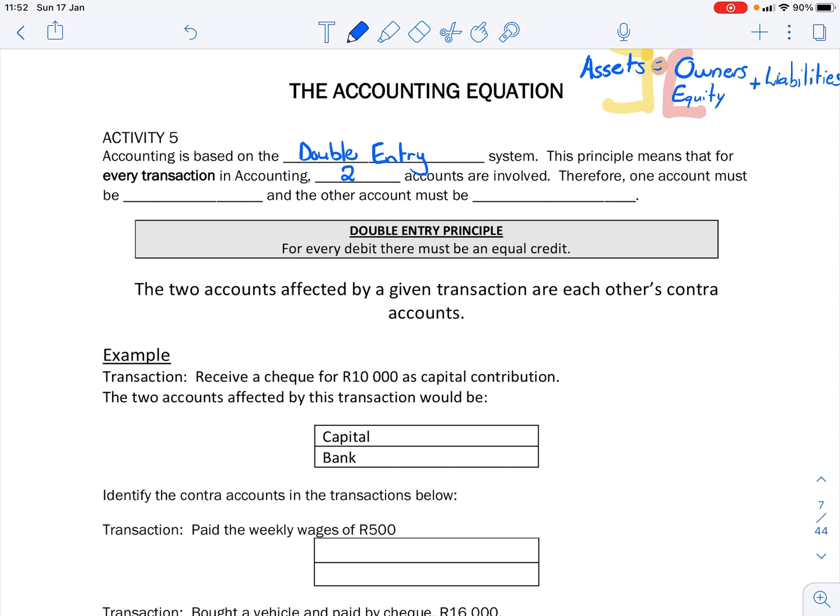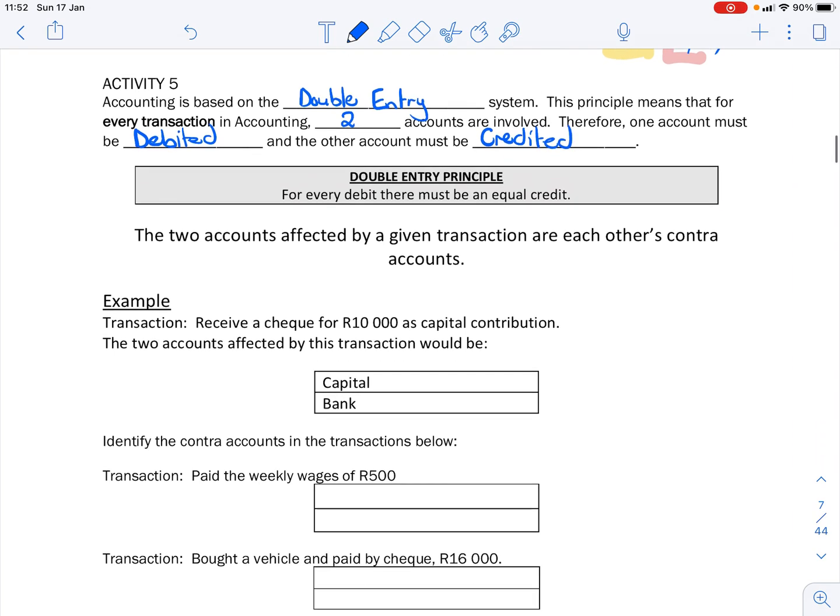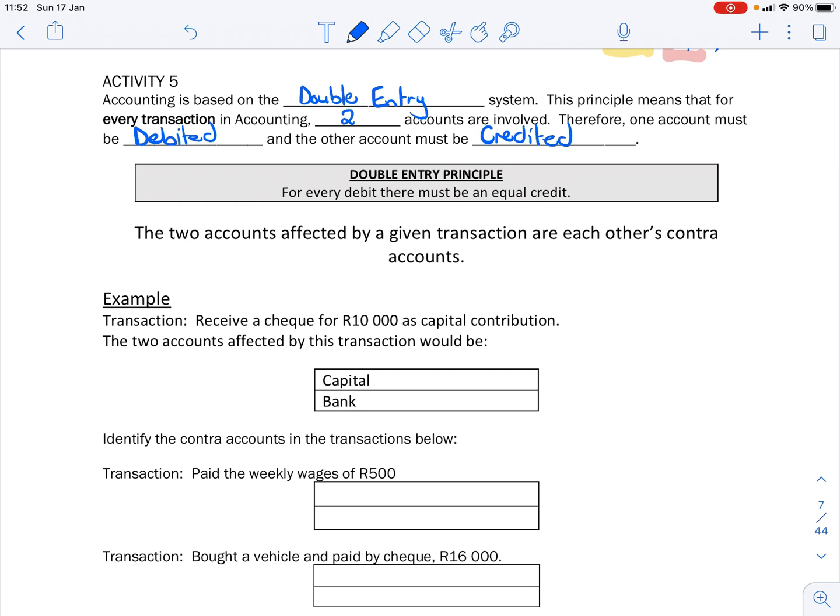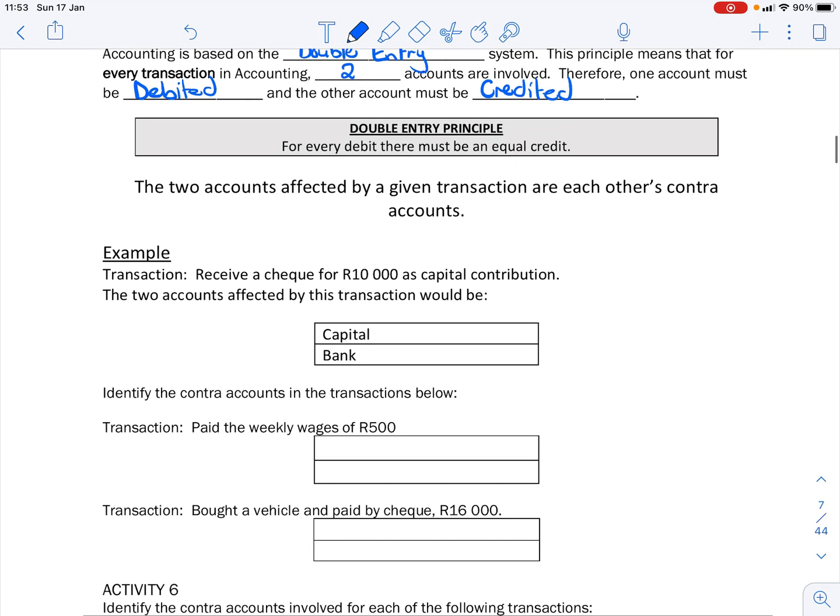Therefore, one account must be debited and the other account must be credited. The two accounts affected by a given transaction are each other's contra account.